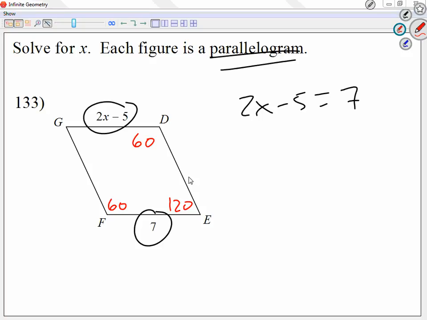Adjacent angles are those two angles that are connected by a side. So that means angle G is also 120. Okay, so you guys have angles as well. I see questions 134, 135 that have angles. So you guys are dealing with angles there.